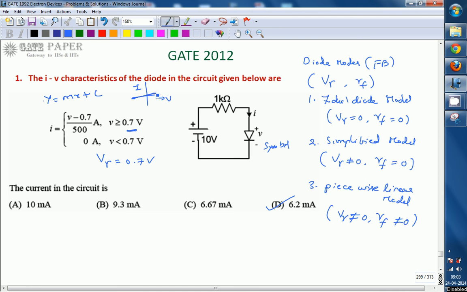Till V gamma the current is 0, and from V gamma onwards the current increases linearly, resembling Y equals mx plus C. So we must use the piecewise linear model for this diode, and then we can easily calculate the value of I.